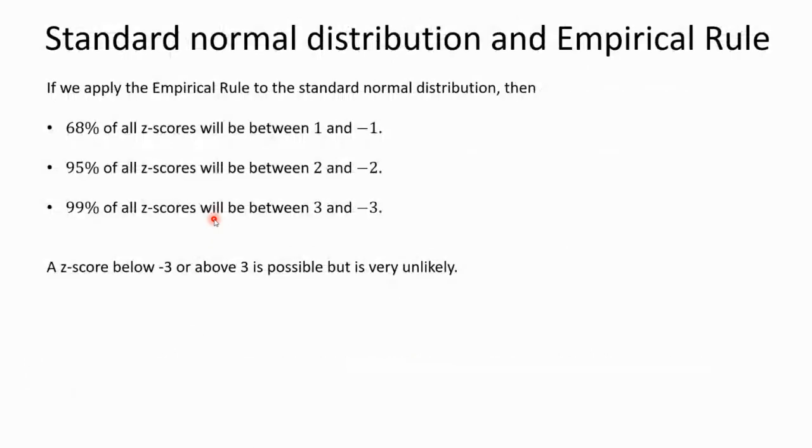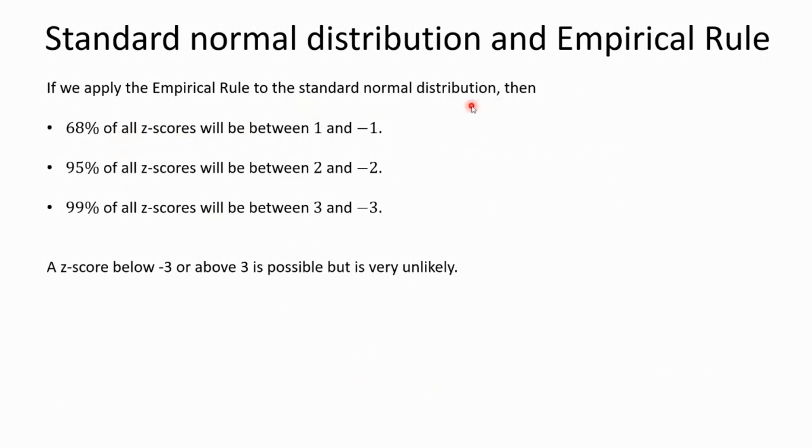All right. You can actually express the empirical rule using standard deviation. If you remember the empirical rule, 68% of all data values are within one standard deviation from the mean for any normal distribution.